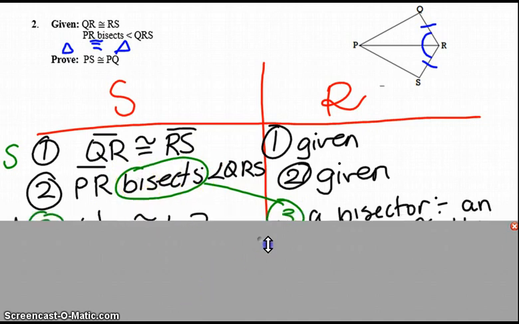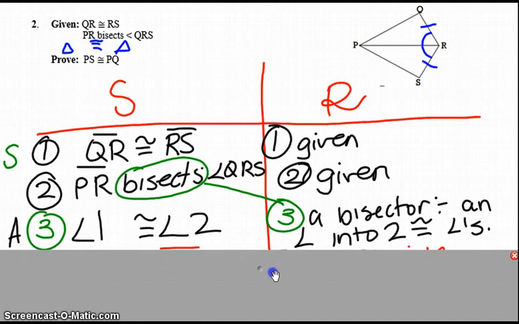And if something bisects something, we can state that angle 1 and angle 2, I'm just going to name them angle 1 and 2, are congruent to each other because a bisector divides an angle into two congruent angles.